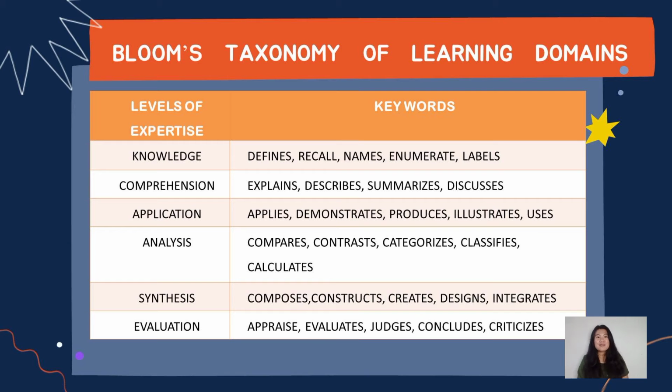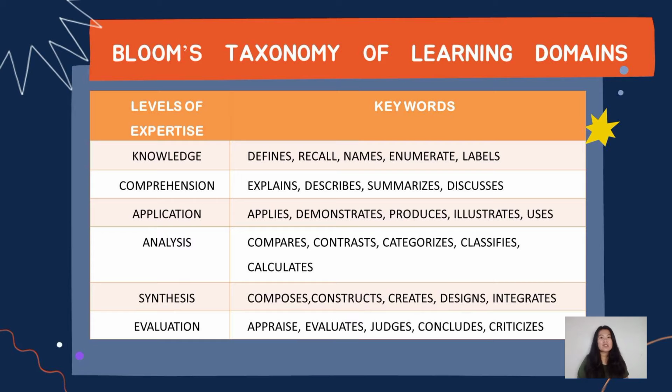For the original Bloom's taxonomy of learning, we have six levels of expertise, namely knowledge, comprehension, application, analysis, synthesis, and evaluation. For knowledge, we have keywords like defines, recalls, names, enumerates, labels. For comprehension, we have explains, describes, summarizes, discusses.